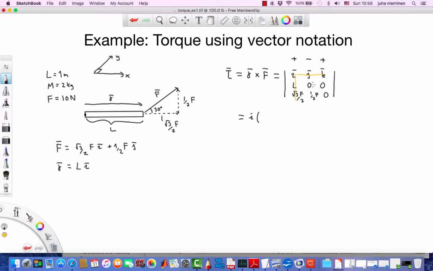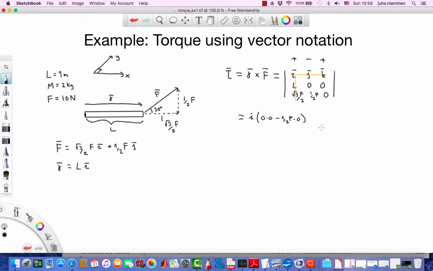That's going to be the diagonal product minus the other diagonal product. So 0 times 0 minus the other one, half times f times 0. So we get nothing in the i direction.